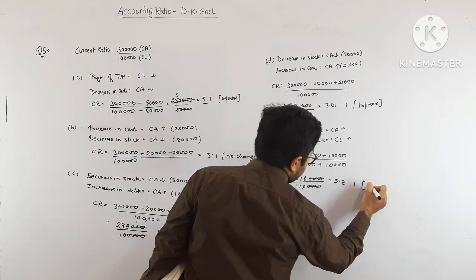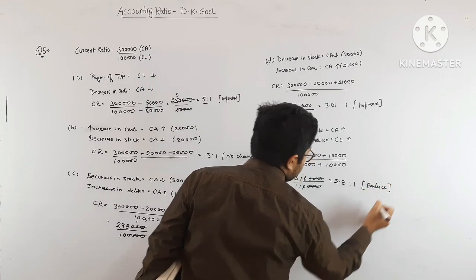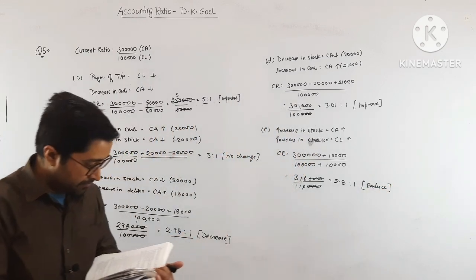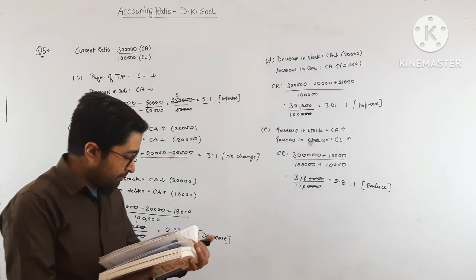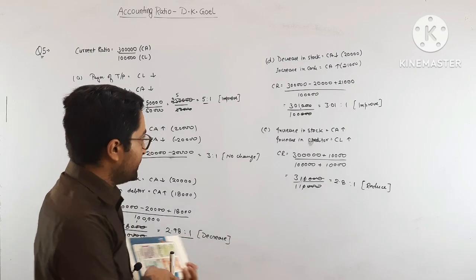It means reduce. Current ratio is reducing. Clear? Correct.